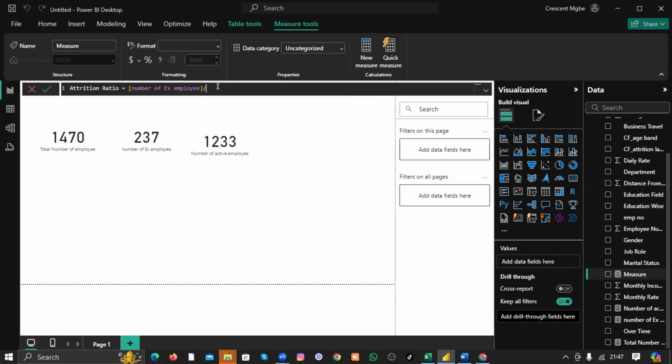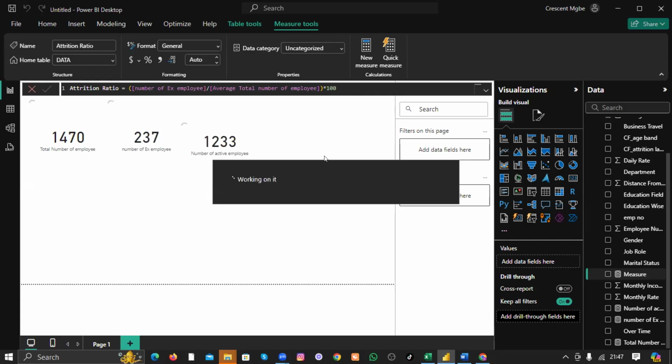The average total number of employee. Then you have to multiply everything by 100. Then you hit enter. And then you've gotten the attrition ratio.